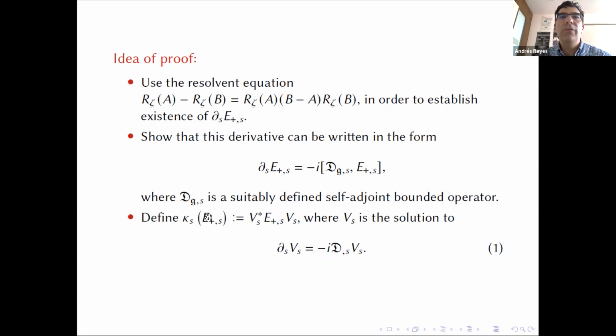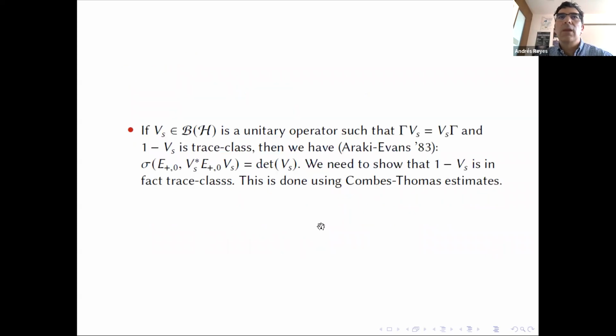Now, if you define the automorphism to be given by this expression, where V is the solution to this differential equation, so look at the operator D. The operator D can be given in detail. So then this unitary operator will generate the automorphism.